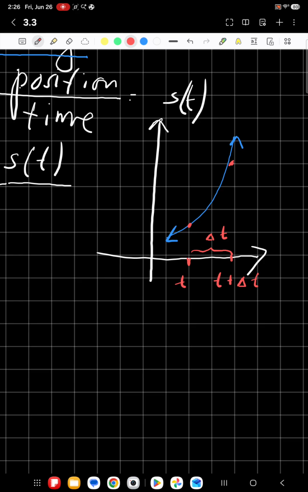Now this is s of t on the y-axis, and this one is s of t plus delta t.